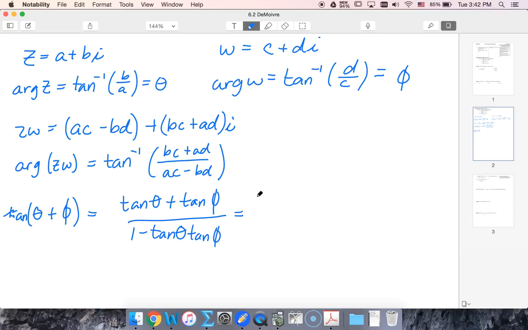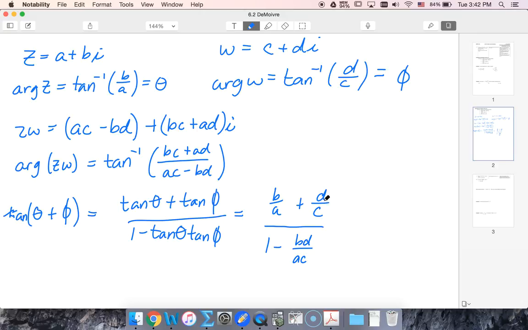Well, that's going to be equal to, so tangent of this angle would be b over a plus d over c over 1 minus that product.